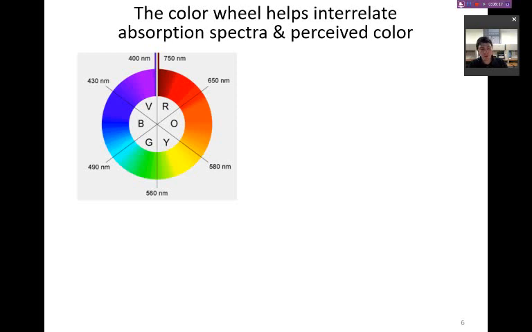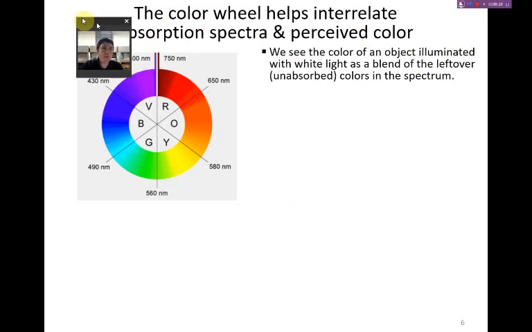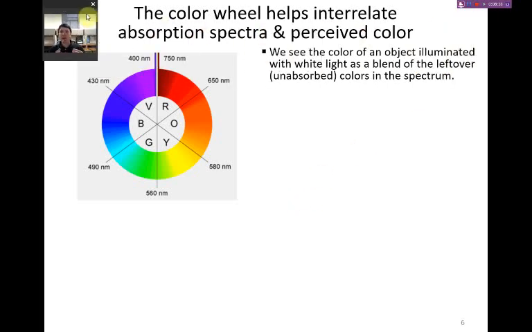So the color wheel, which you should know from Basic Art 101, helps us to understand what we perceive. When something gives off white light, then what we see left over is what is unabsorbed.